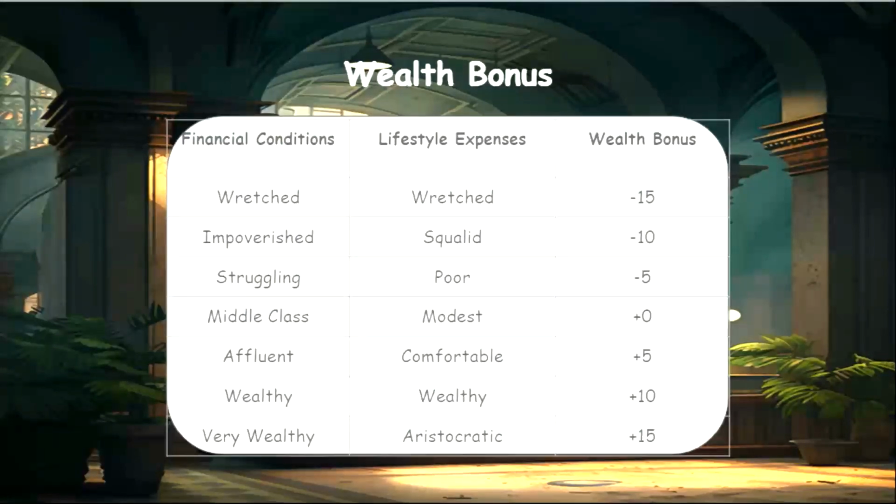Impoverished, your lifestyle expenses would be squalid, and I give you a minus 10. Struggling, poor lifestyle expenses, minus 5. Middle class would be modest, plus 0. And you can see plus 5 for comfortable and affluent, plus 10 for wealthy, plus 15 for aristocratic or very wealthy financial conditions.